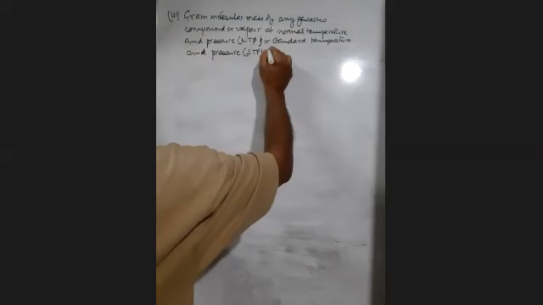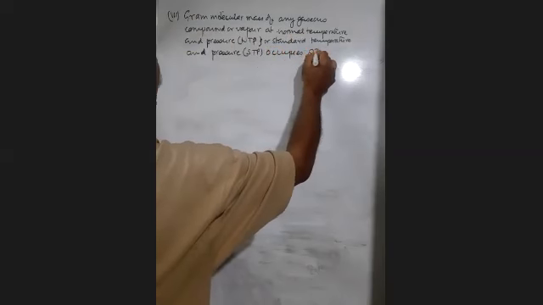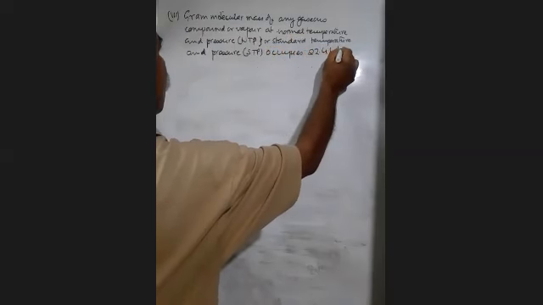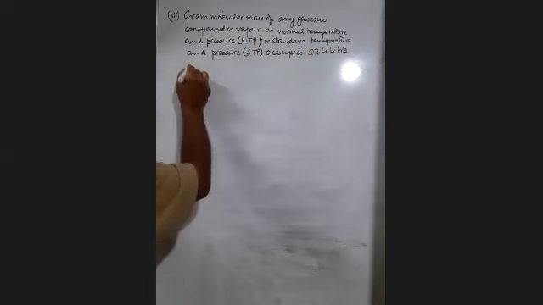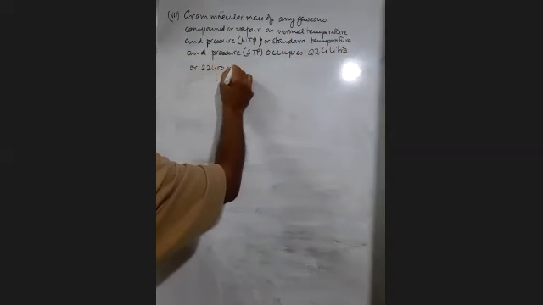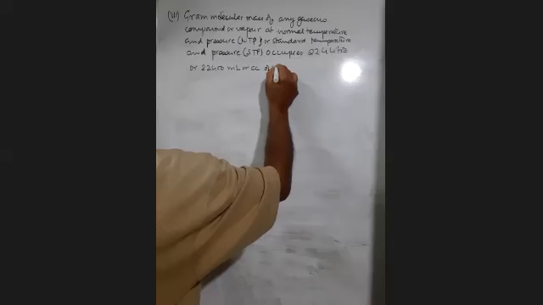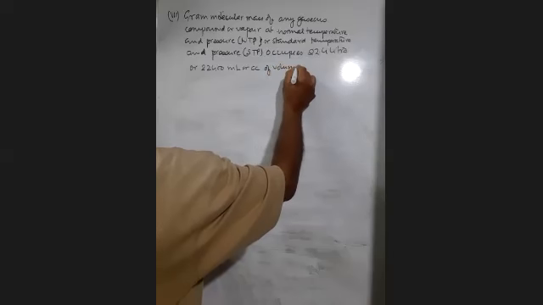It occupies 22.4 liter or 22,400 ml or cc of volume. So what's the difference between NTP and STP?